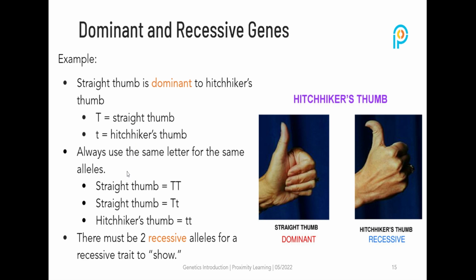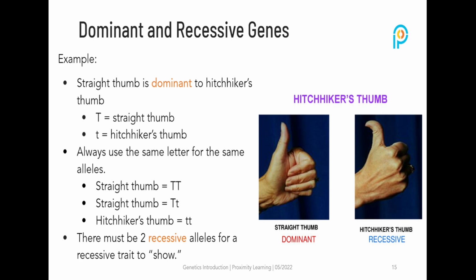And you'll always use the same letter for the same alleles. So a straight thumb, if you have the combination of capital T, capital T, that's all you can get: straight thumb. Here the capital T dominates. So even though you have the recessive gene or allele, it's still going to be straight because of the dominant gene.